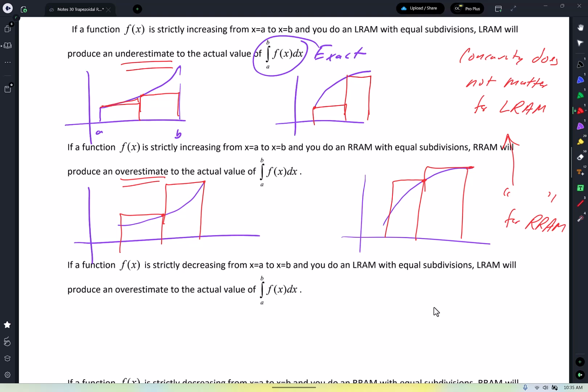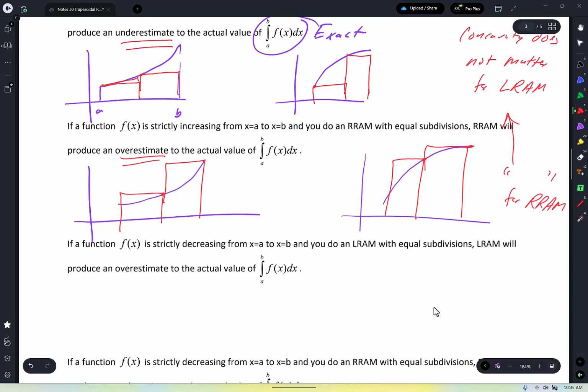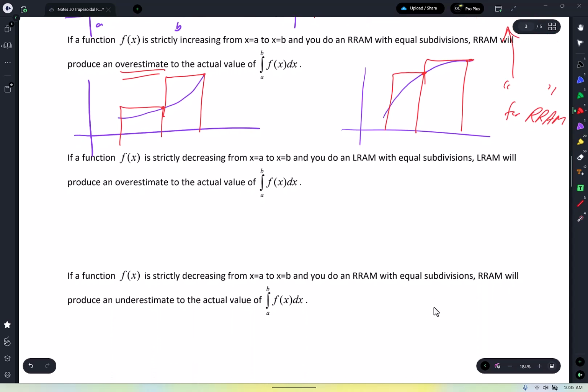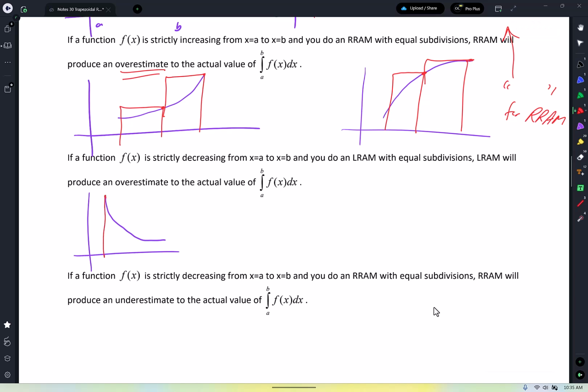Yeah, I'll slow down, guys. Check it out. This one's decreasing. So I'm going to decrease. I'll do both of them. Decreasing concave up. And what do they want? LRAM? LRAM. See?